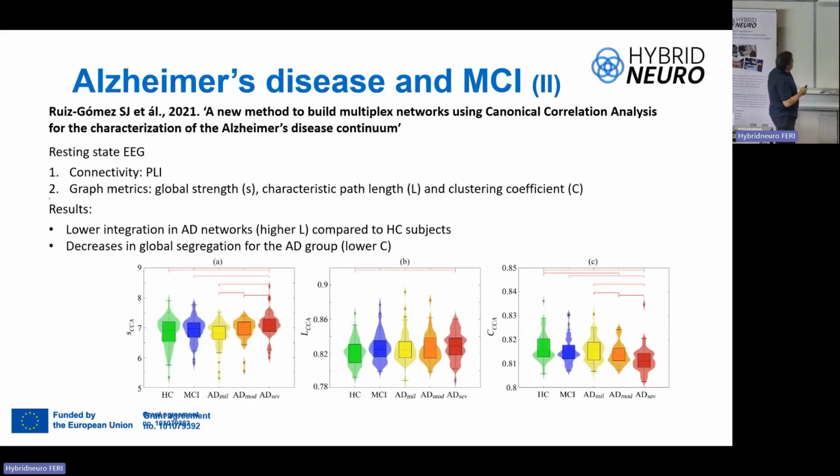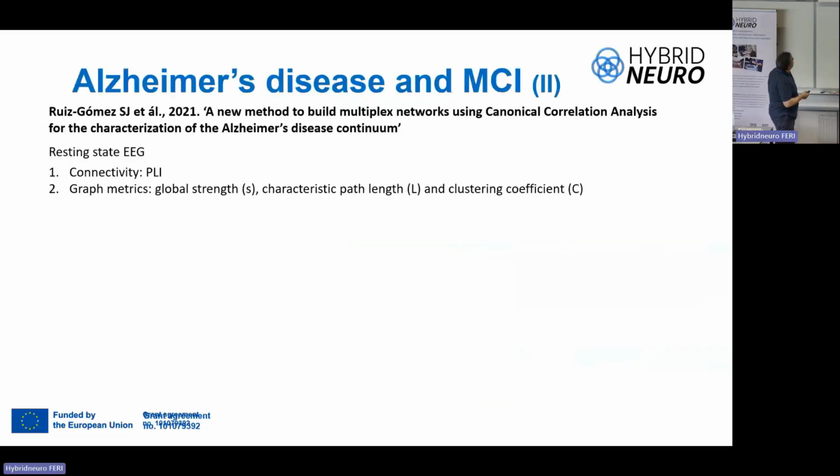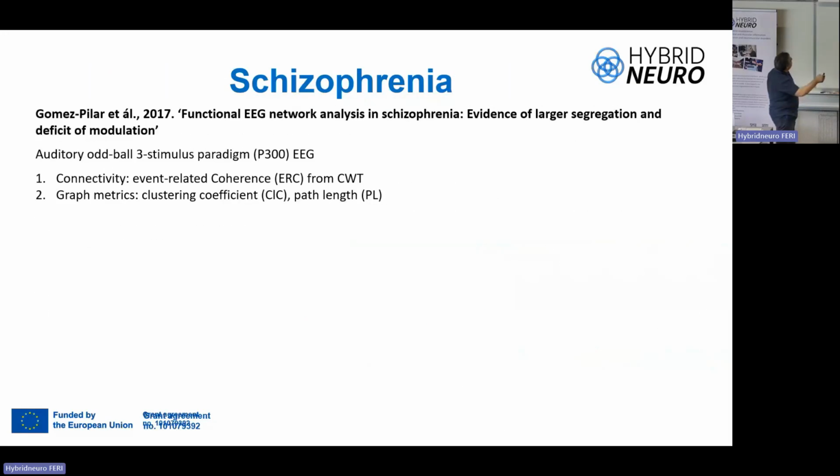The connectivity was relative coherence. This uses the continuous wavelet transform. So the coherence in frequency was computed using the continuous wavelet. And the graph metrics were the clustering coefficient and the path length.